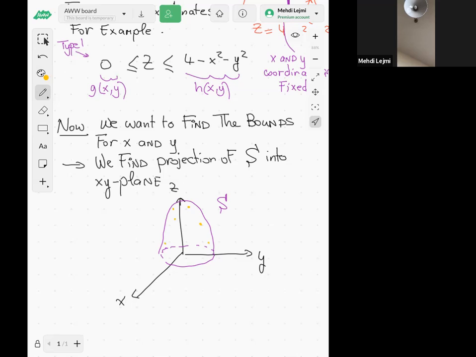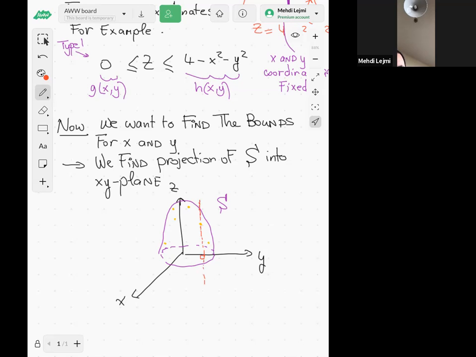And then you're supposed to take the line which passes through your point and which is perpendicular to the xy plane, right? And then the intersection with the xy plane would be the projection of your point into the xy plane. So for example, let's say you take this point here. So you take the line which passes through this point, and which is, of course, perpendicular to the xy plane here.